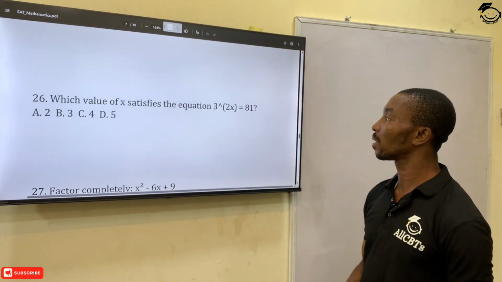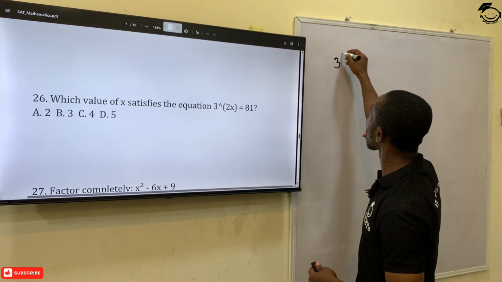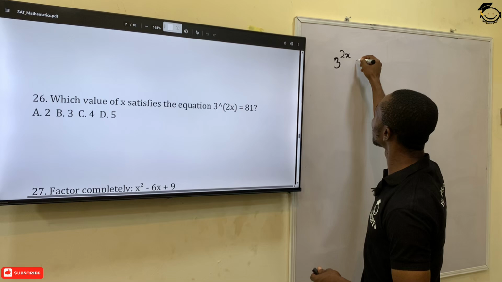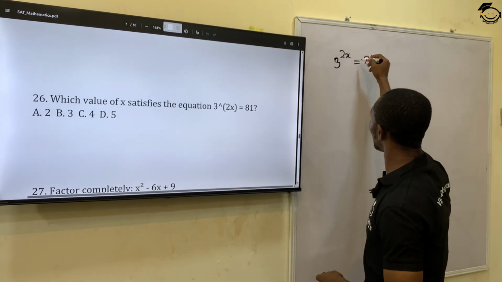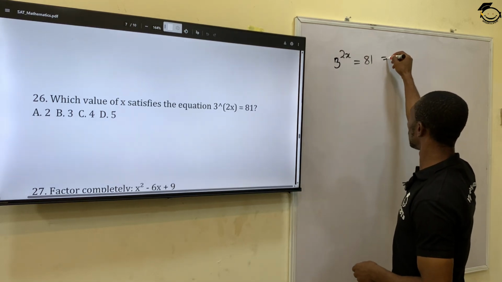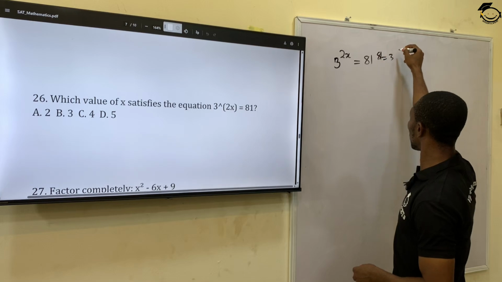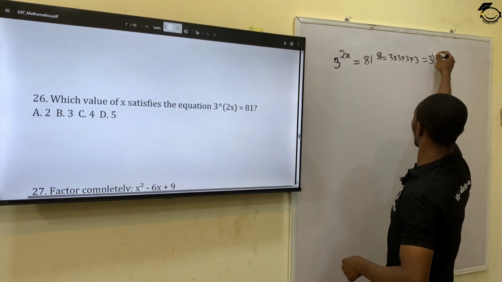Which value of x satisfies the equation 3 raised to power 2x equals 81? Now, converting 81 to a base of 3, this will give us 81 equals 3 times 3 times 3 times 3, which is 3 raised to power 4.